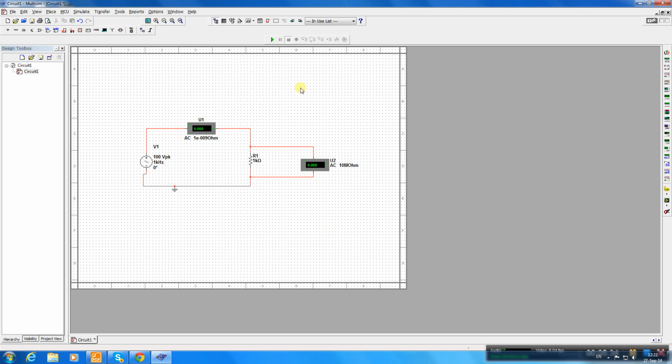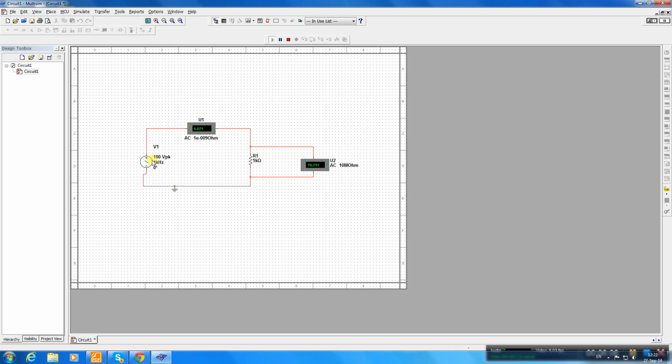Now the first circuit is ready and it can be simulated. So let's do it. As you see, the current is 0.071 amperes and the voltage is 70.71.